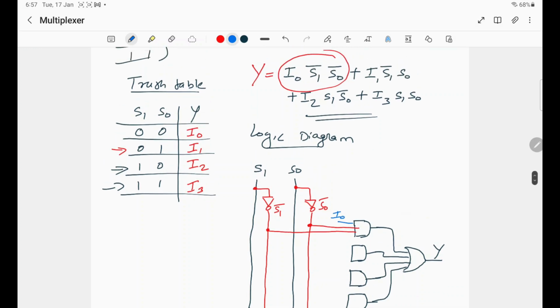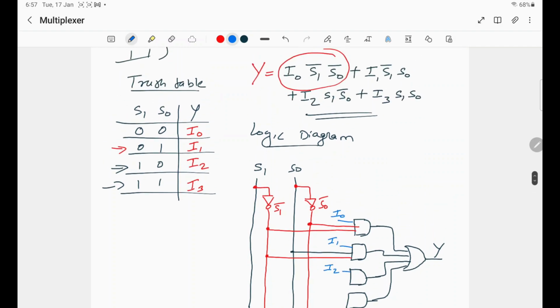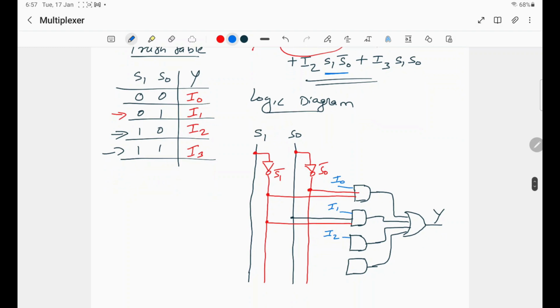Now the second AND gate, you have I1, then you have S1 bar, S0. So this is S1 bar and we have S0. Now in the third AND gate, you have I2 and you have S1, S0 bar.